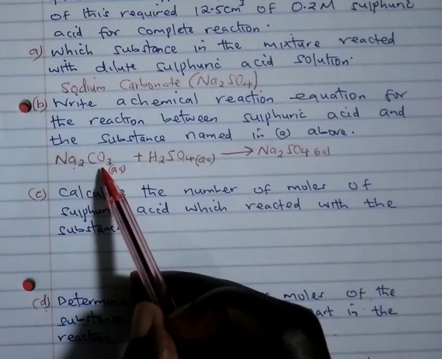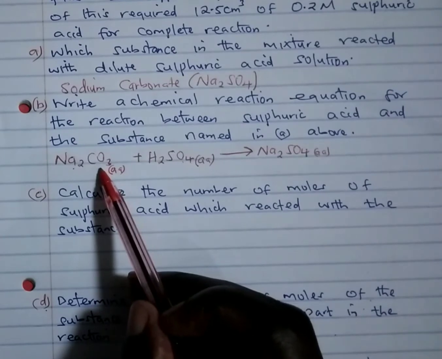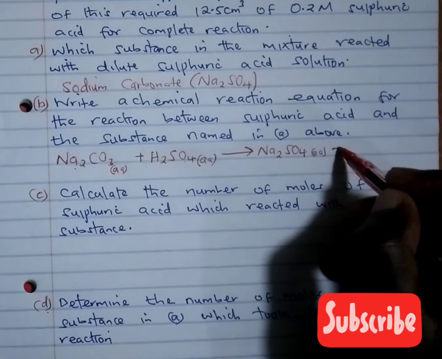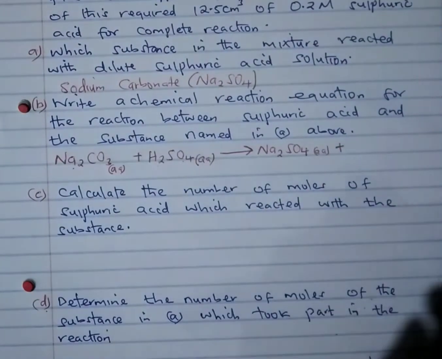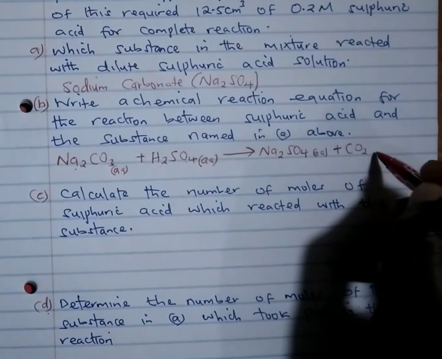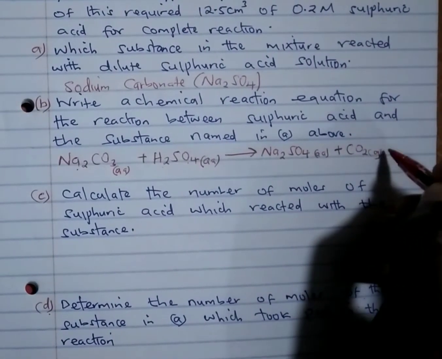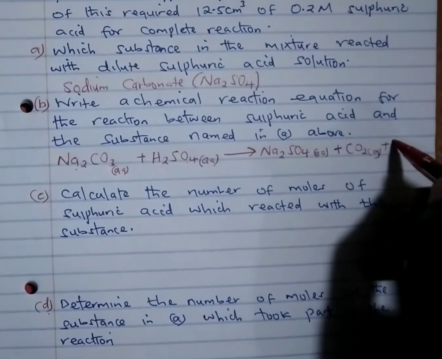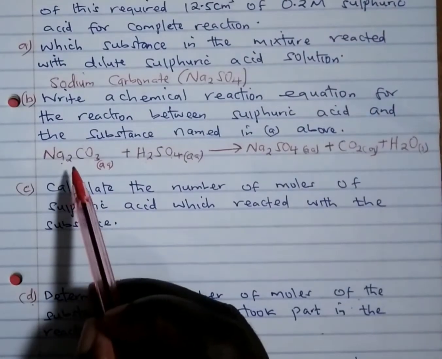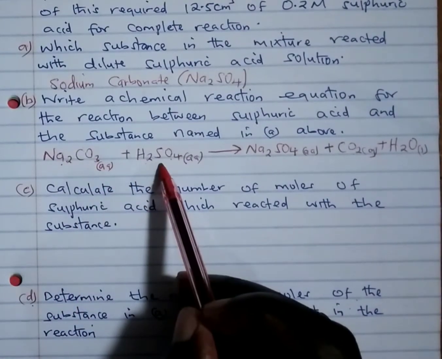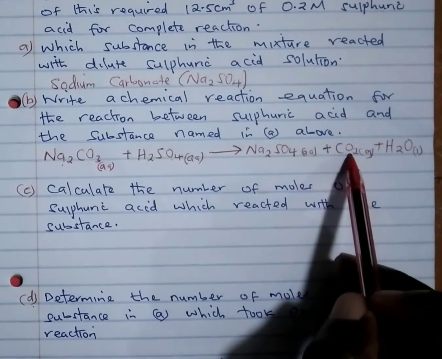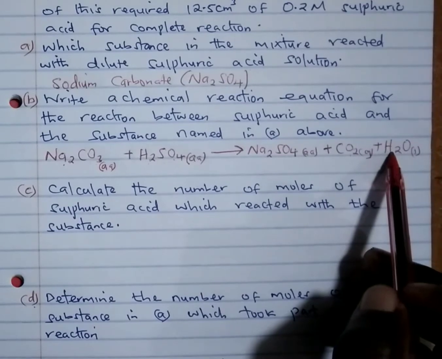We are going to remain with the carbonate part and the hydrogen part, and the two are going to give us carbon 4 oxide, which is a gas, plus of course water. So the reaction between sodium carbonate and dilute sulfuric acid produces sodium sulfate, carbon 4 oxide, and water.